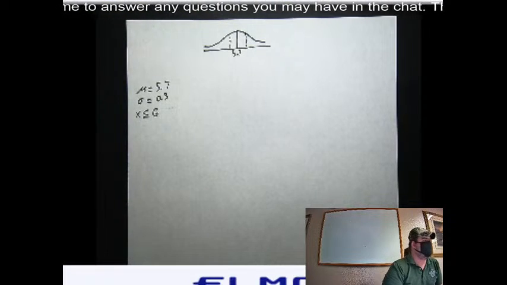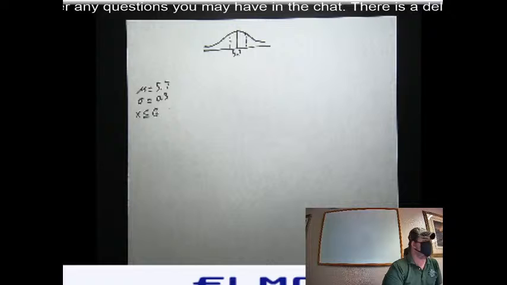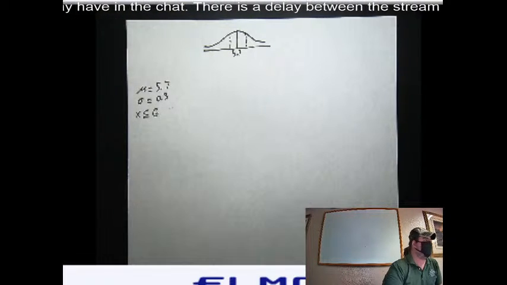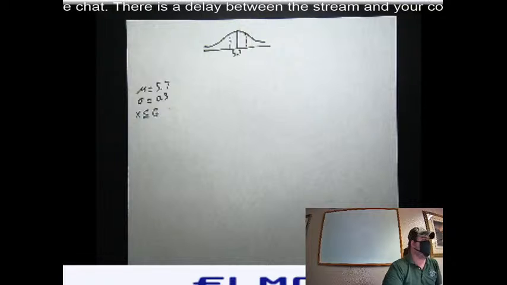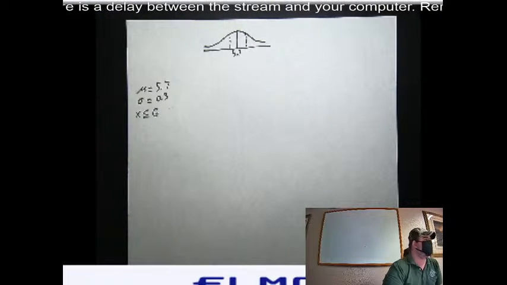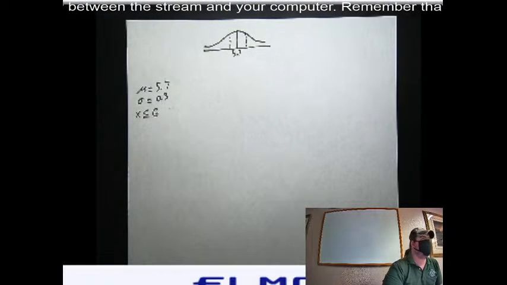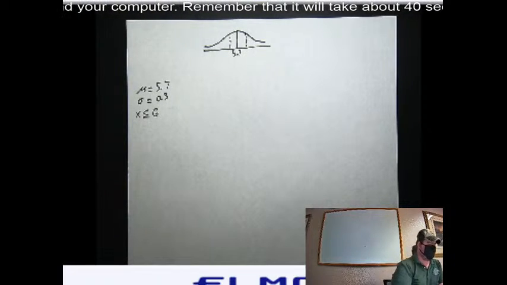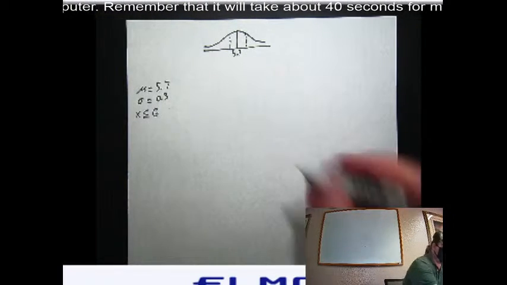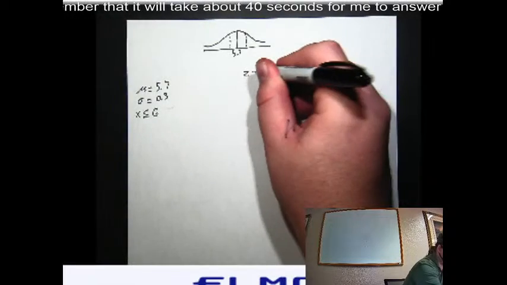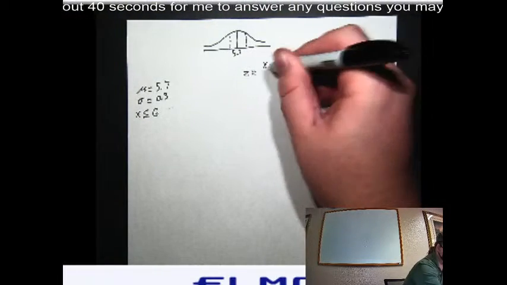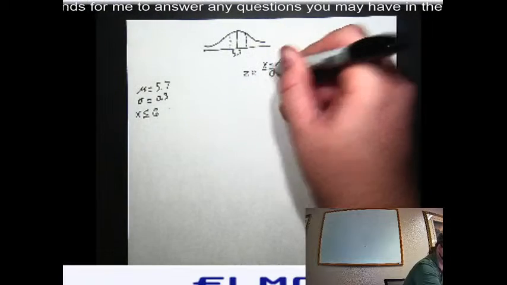So, do you expect that number to be high or low? Do you think that there's going to be a lot of people who are 6 feet or below? Or do you think there's going to be a lot of people that are above 6 feet? Well, let's find out. Let's find our z-score and find our probability. So again, z-score is x minus the mean over the standard deviation.